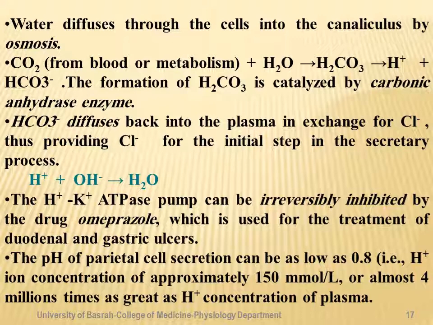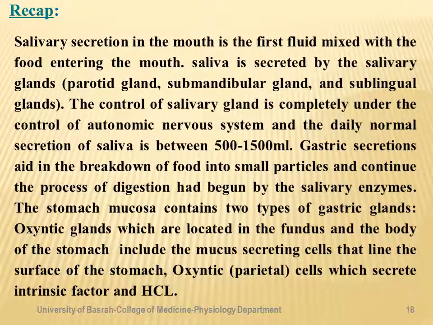The pH of parietal cell secretion can be as low as 0.8. يعني الهيدروجين ion concentration is approximately 150 millimole per liter, almost 4 million times as great as hydrogen concentration in the plasma. طبعا الهيدروجين يكون كميته كلش كبيره لان عندنا acidic medium.